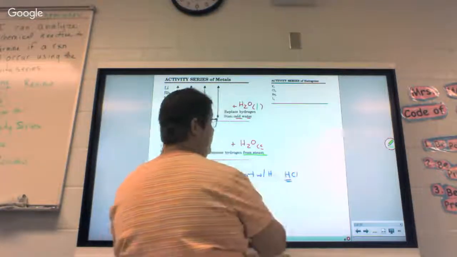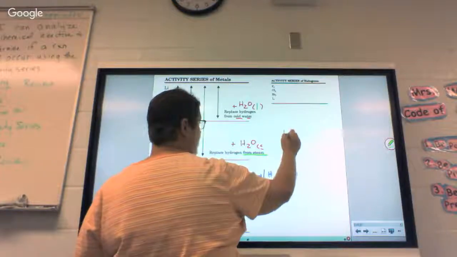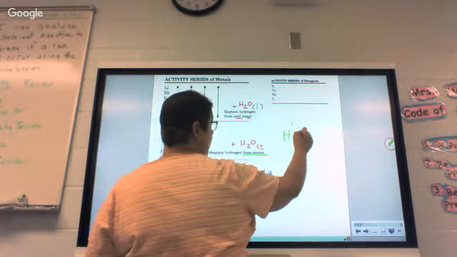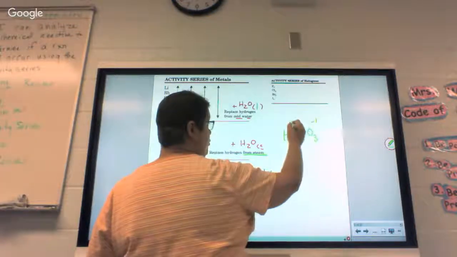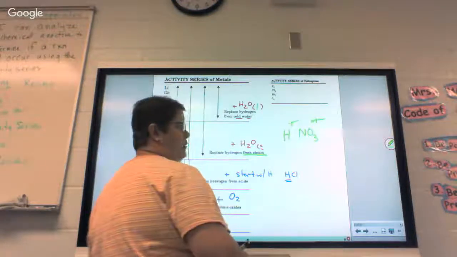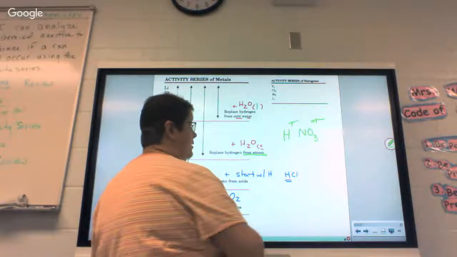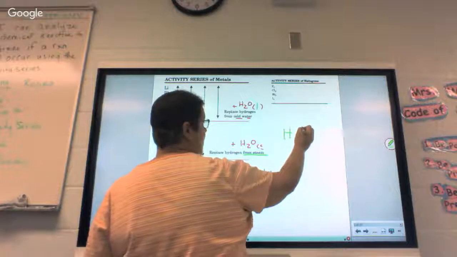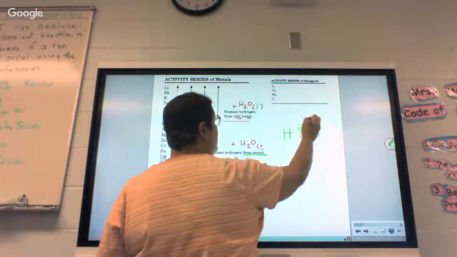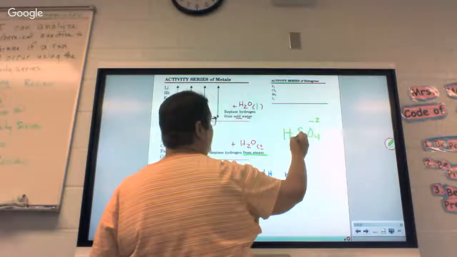If you were doing nitric acid, nitric is hydrogen and nitrate. Nitrate has a -1, so the two ones are going to cancel out. So it's nitric acid. Or if you had sulfuric acid, it's hydrogen and sulfate.